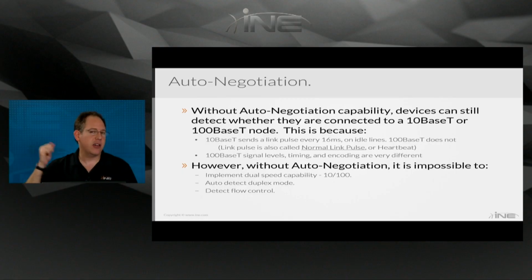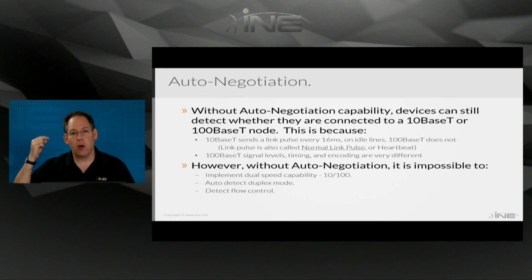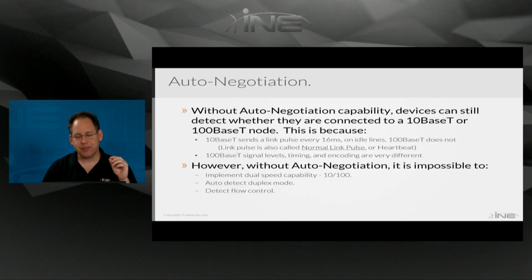Now let's say that NIC card in the server was a fast Ethernet NIC card, so all it could do was fast Ethernet, 100 megabits per second, and it was capable of full duplex or half duplex, but you had to set that manually. So you think to yourself, oh, okay, well on my server I'm going to manually set it for full duplex because after all it's connecting to a switch, shouldn't be a problem. Well, here's the problem that you would run into.